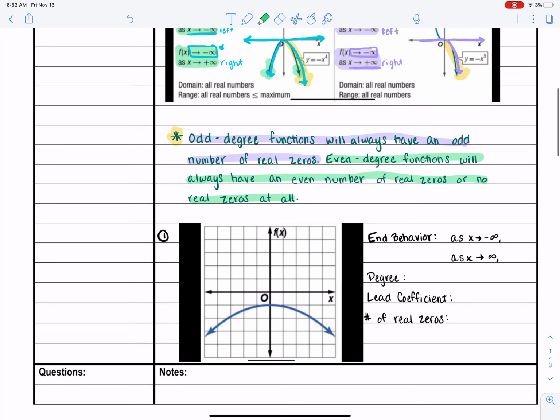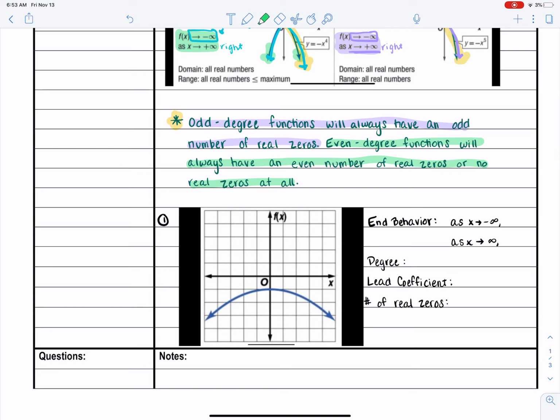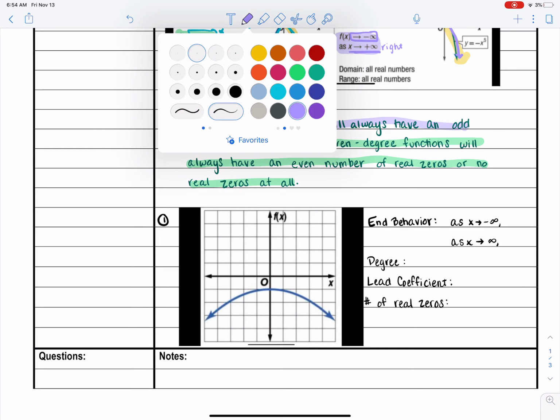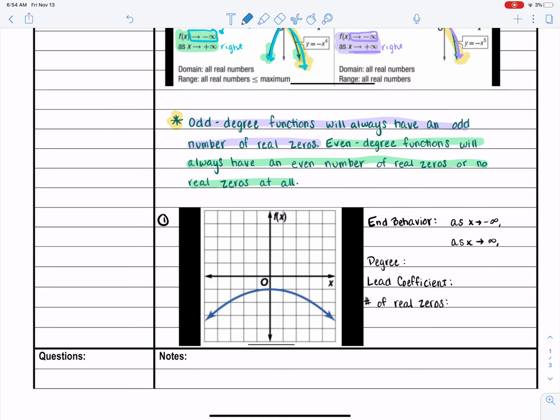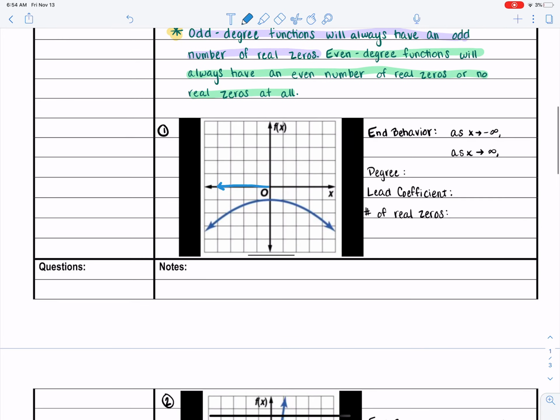Okay, let's look at this first graph. This first graph, the end behavior. As x approaches negative infinity, that means as I look to the left of my graph, I notice my y values are going down. So we're going to say the y values approach negative infinity.